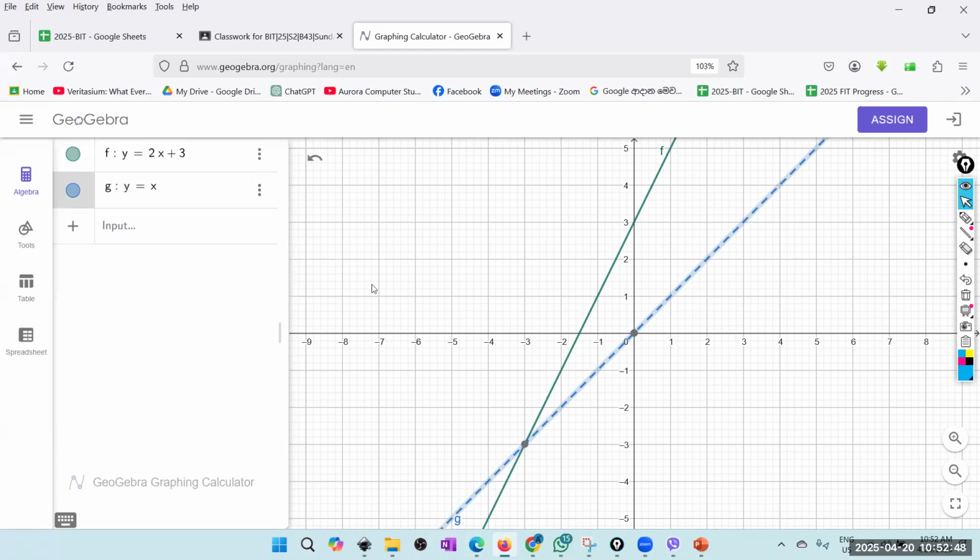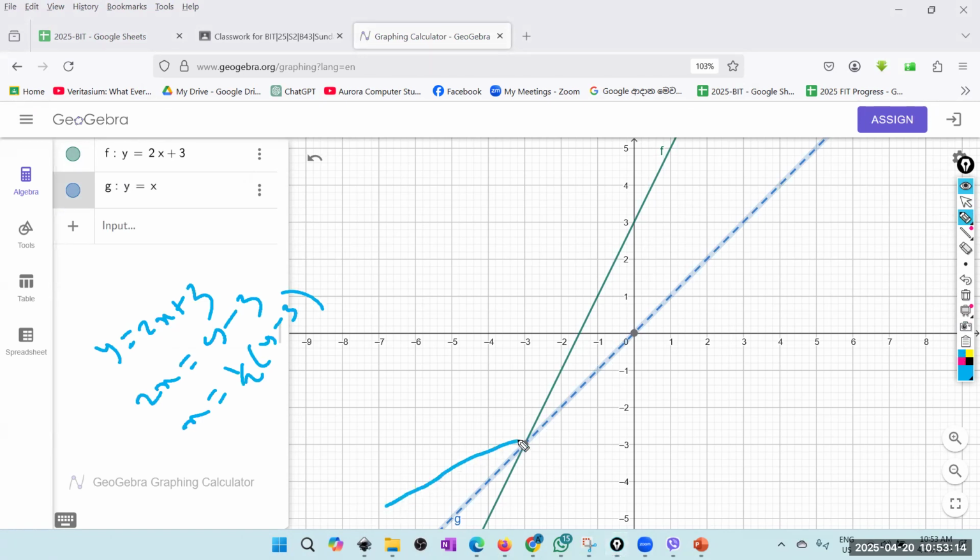Let's find the inverse of this. Y equal 2x plus 3. 2x equal y minus 3. X equal half of y minus 3, or y minus 3 by 2. So let's do that. And it must be the mirror image here. So what is the mirror image here? Something like this.